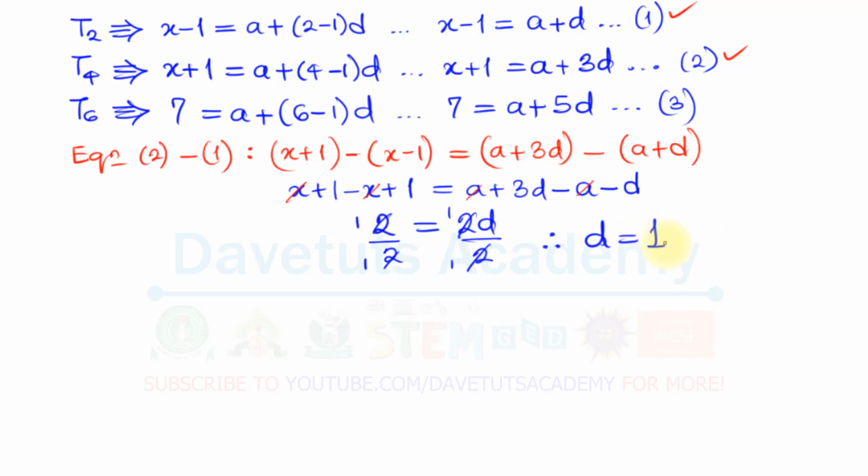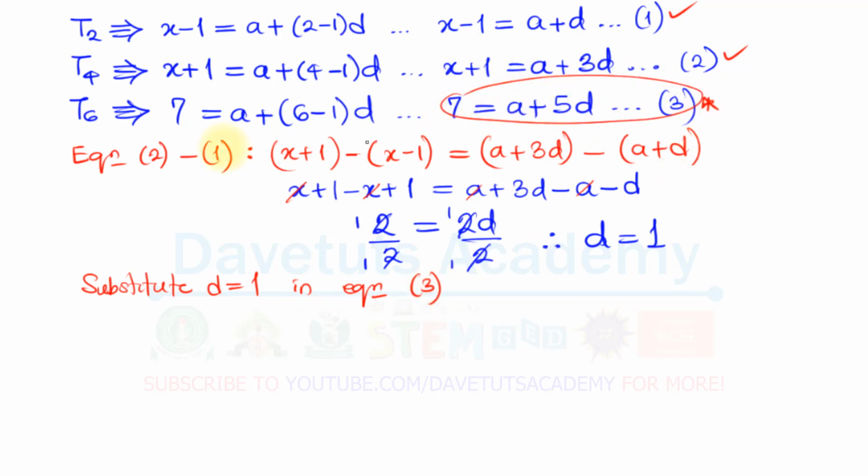All right, since I got d already, I can substitute d is equal to 1 in my equation 3. This is equation 3 here. Let me substitute the value of d into that so that I can get a.